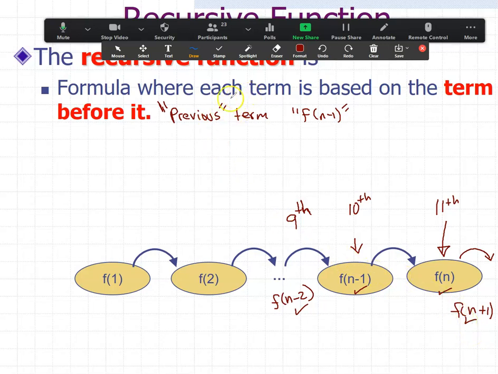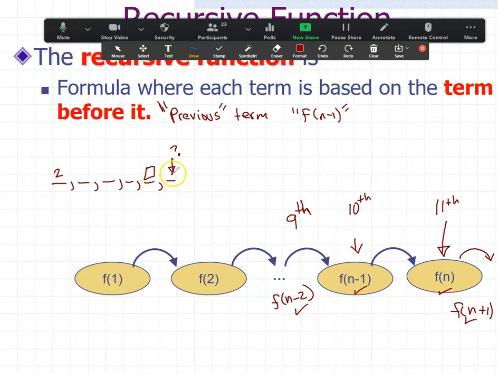Under recursive functions, say we have a list of numbers. If you know that the first number is 2 and you're under recursive, and I ask you, okay, class, what is this number? You can't figure that out on the recursive because you're missing this one.